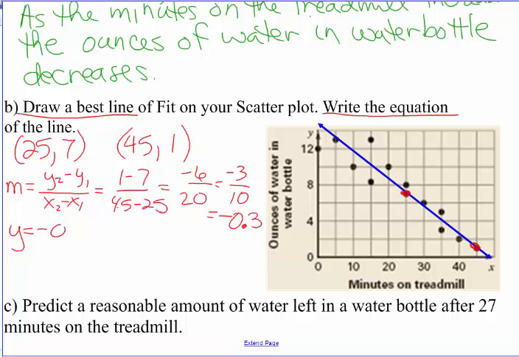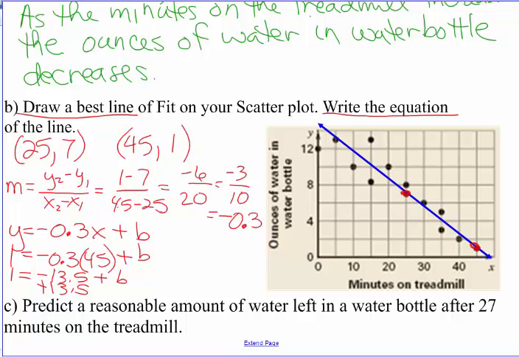Y equals negative 0.3x plus b. So pick a point. I'm going to use this one. So 1 for the y, negative 0.3 times 45 plus b. What do we get when we multiply that? There we go. Add the 13.5 to both sides. So that'd be 14.5 is b. b equals 14.5.